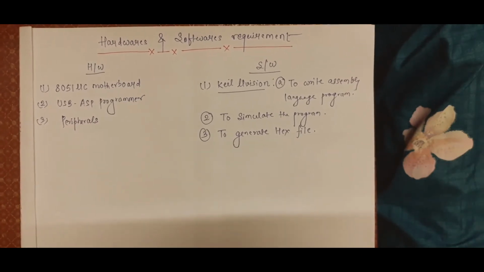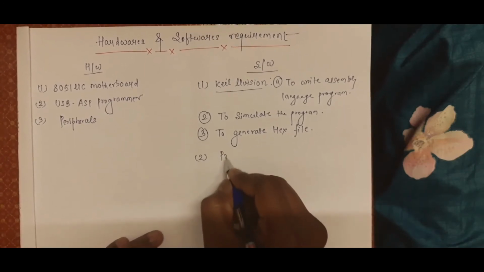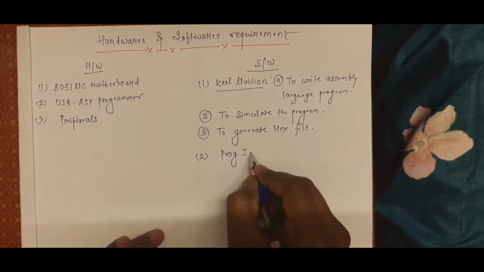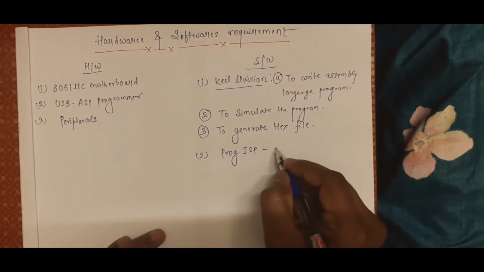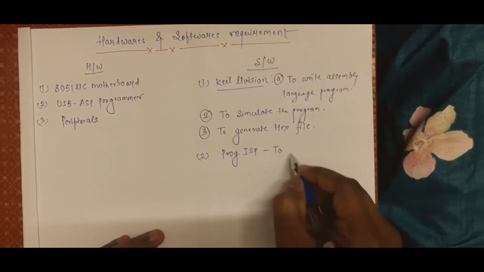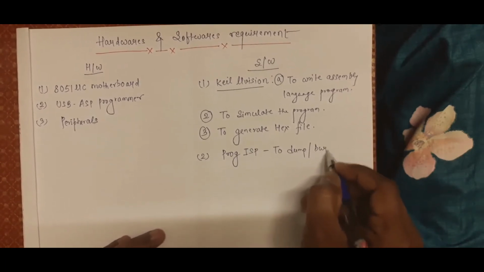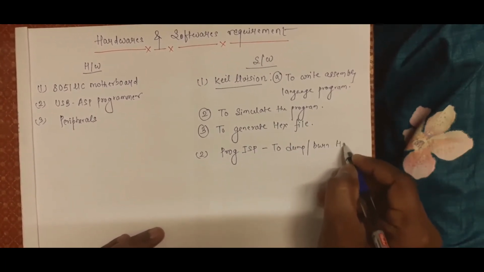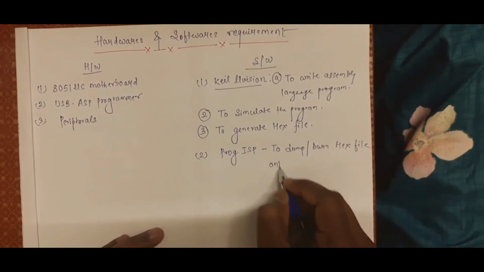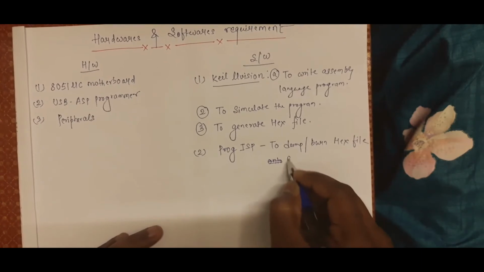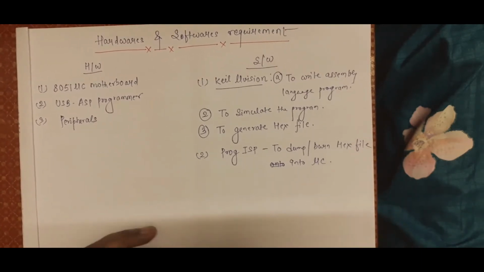Now the second software required is Prog ISP. This software is required to dump or burn hex code or hex file into your microcontroller.